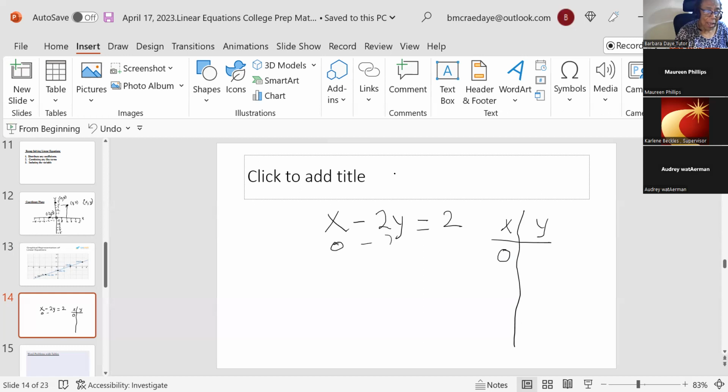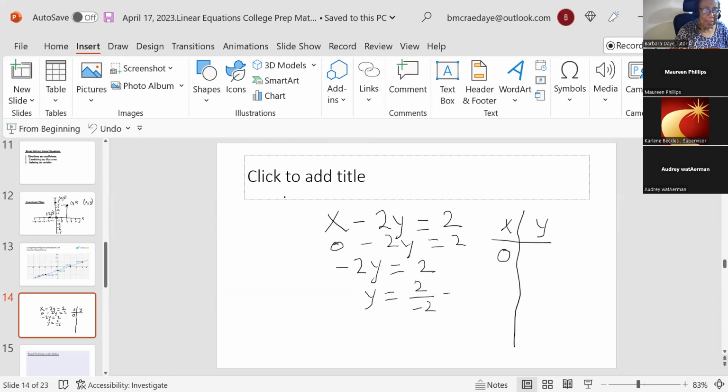Put 0 minus 2y equal 2. So 0 minus 2y would just be minus 2y equal 2. So what is y equal to? Y is 2 divided by negative 2.